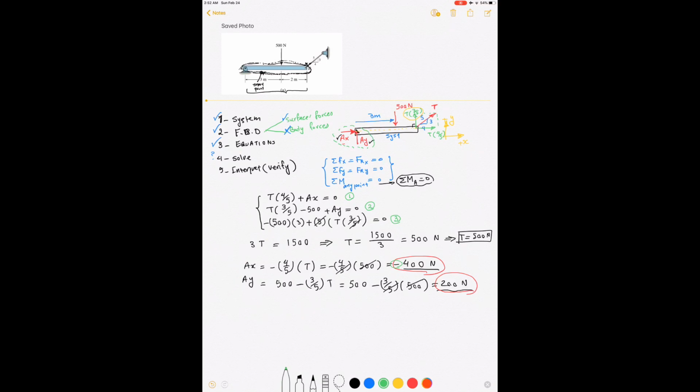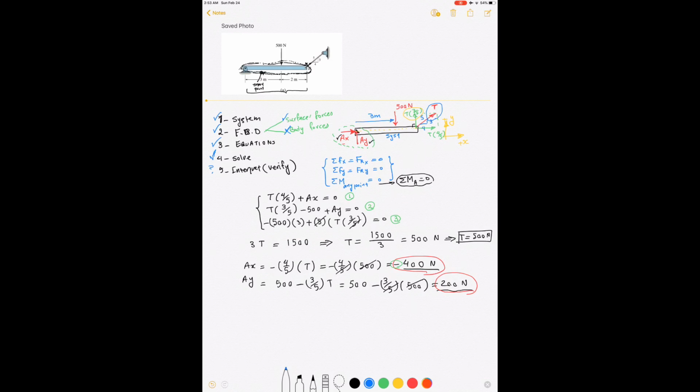Well, let's go to step number 5. So I'm going to finish this and check mark step number 4, and now I want to work on step number 5. Verify. How can I verify this problem? Well, the first thing I say is, I've got a cable here, right? So if the force in the cable is negative, that means it's compression, because look at this sign.